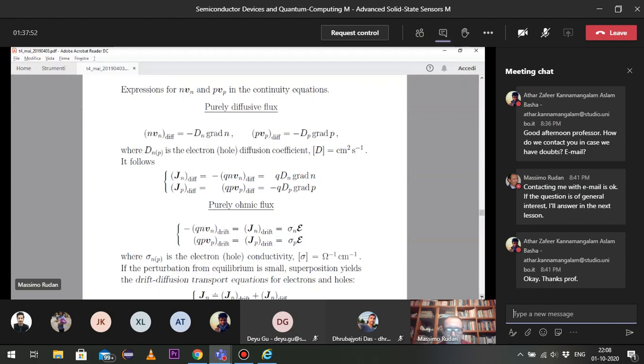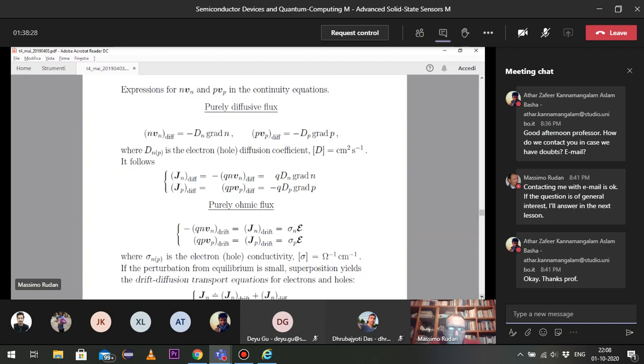For the electrons, you can see it on the first line on the left. We have that the purely diffusive flux of electrons, n times Vn, is equal to the gradient of n, the gradient of the concentration of the electrons, times a constant. This constant is called Dn, and it's called the diffusion coefficient of the electrons.